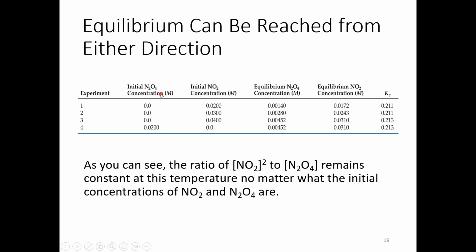So if we look at trials 1 through 3, we've got none of the N2O4 to start, some of the NO2, whereas trial 4 is the reverse, the complete opposite. We've got N2O4, but none of that NO2. And in each case, when we get to the equilibrium, we'll see that the concentrations are different, but the ratio of those two is going to be the same. So the equilibrium constant is going to be equal.